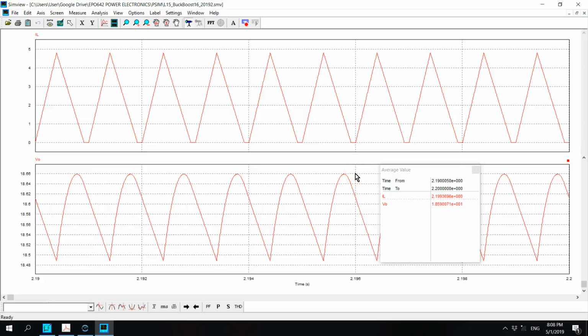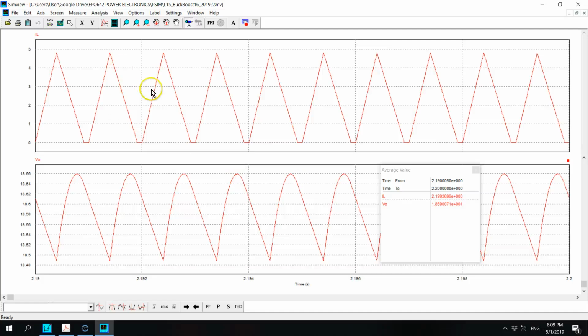So in all cases of a discontinuous current operation, even under buck converter, boost converter, or buck boost converter, when the current falls into the discontinuous current mode, I think I have demonstrated that the output voltage is always greater than the calculated value, which is the voltage under continuous current mode. So you have to take note of that.